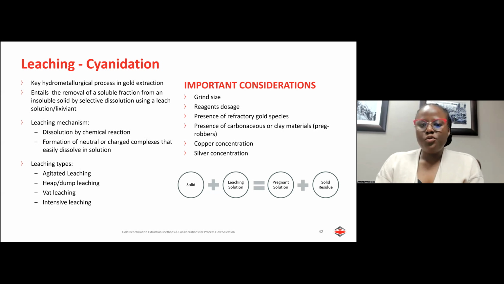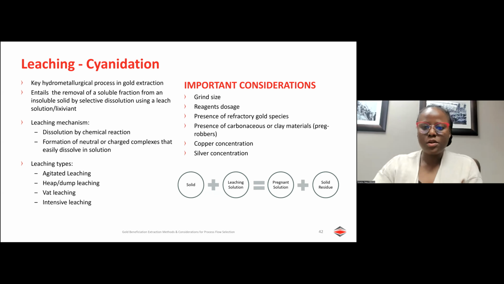Okay, then on to leaching, which involves the dissolution of gold from a solid particle into the solution phase. This typically occurs by chemical reaction where gold cyanide complexes are formed, and these are then readily dissolved into solution. This whole reaction is governed by the Elsner equation.